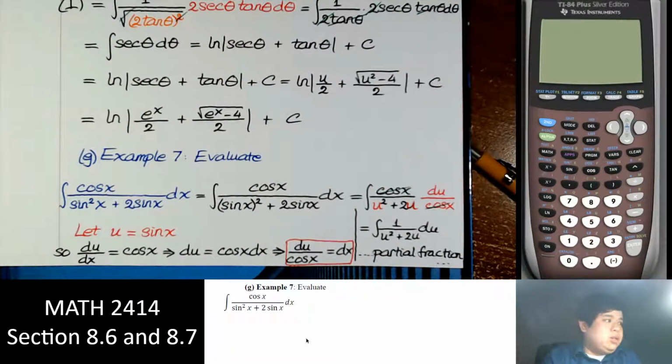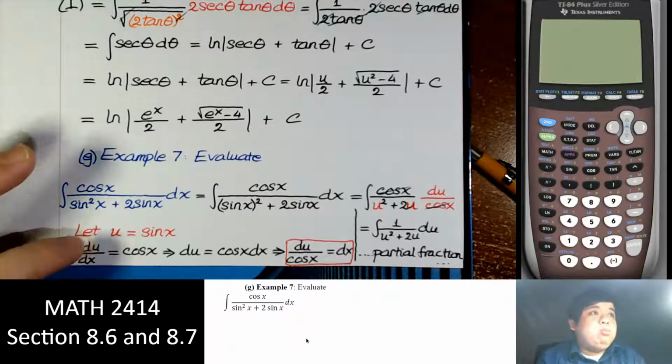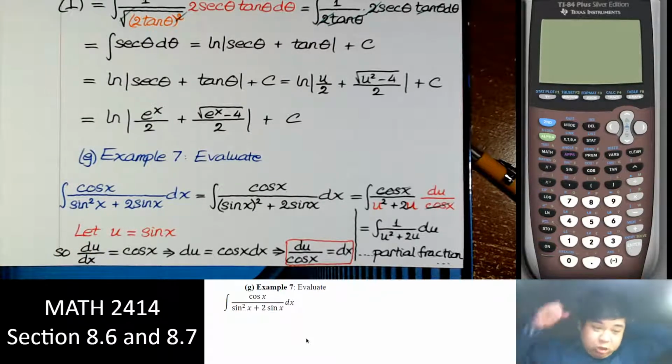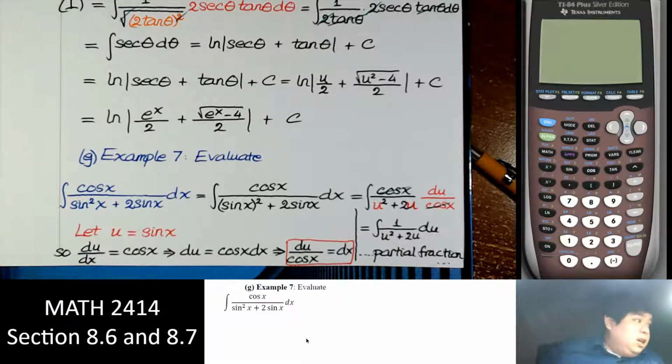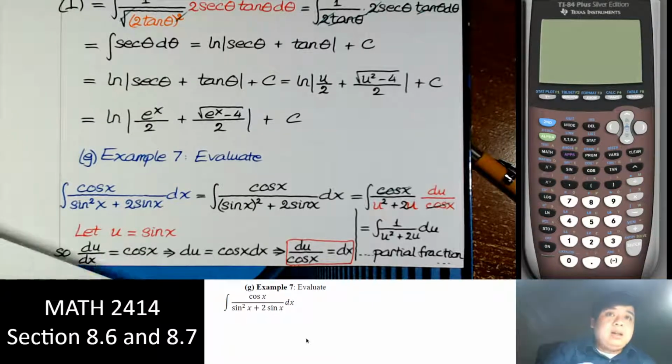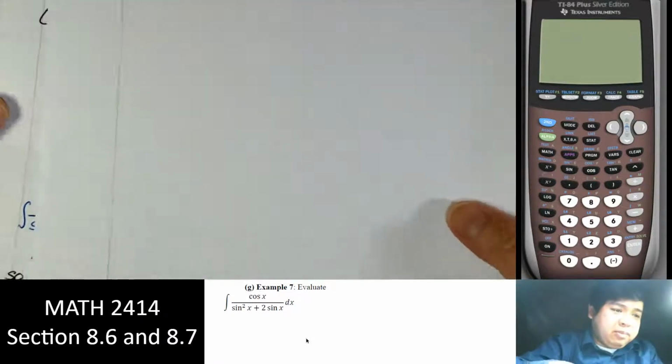So that is the idea. Sometimes, for most of these problems, we have to make the u substitution first to turn it into a nice form. And it could be partial fraction, it could be trig substitution, or it could be a lot of things. Like I said, the possibilities for this are endless.